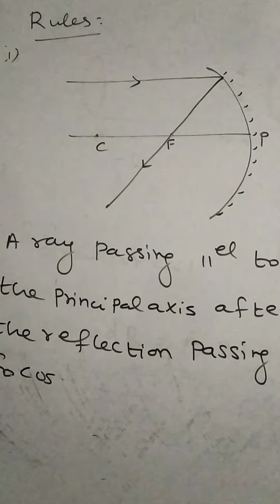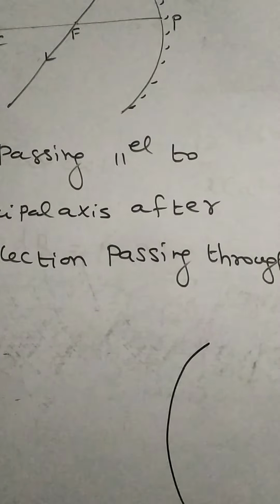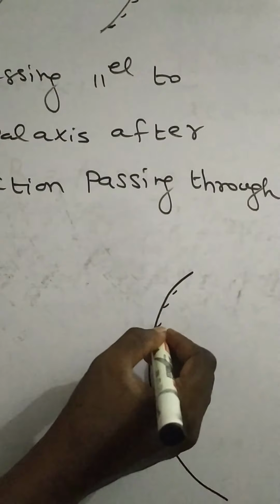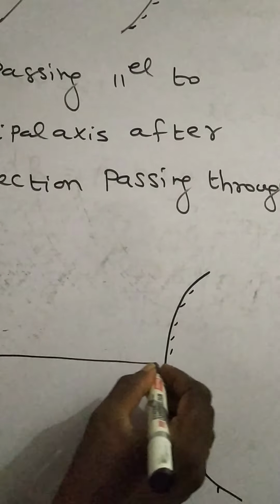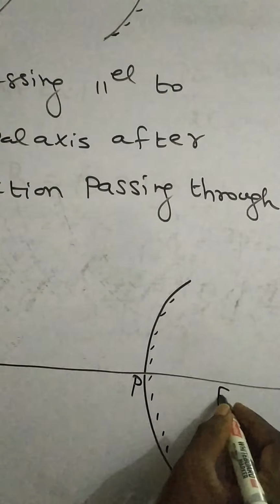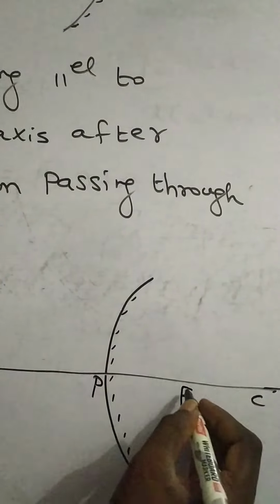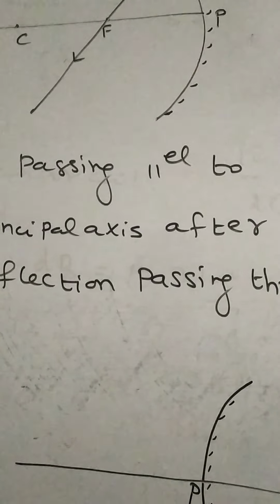Similarly for the convex mirror. In the convex mirror, pole of the mirror, focus, and center of curvature are present on the right side, while concave is on your left side.